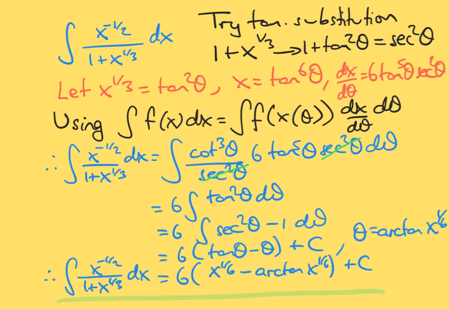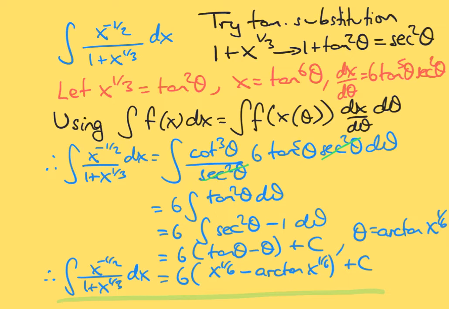So this is our result. 6 is on the outside, multiplying x to the 1/6 minus arctangent of x to the 1/6, and that's the answer. And on the next slide, I will differentiate it to check that it works. And why don't you have a go at doing that before you look at the next slide? Just practice differentiating this, and the more you do that, the better you will get at calculus.